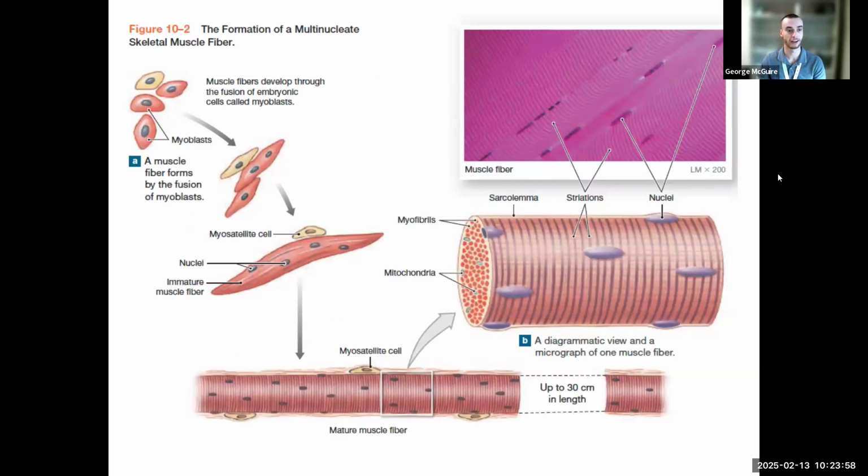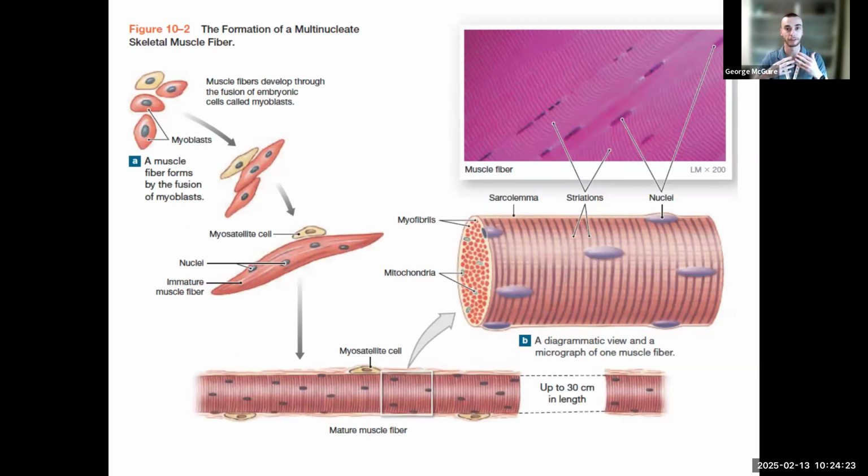And so a quick nod here to how muscle cells are created to give you a better idea of how we end up with these really long, large cells that can generate so much force and power. Right? They have this big job to do. Muscle cells are formed by the fusion of multiple other cells.